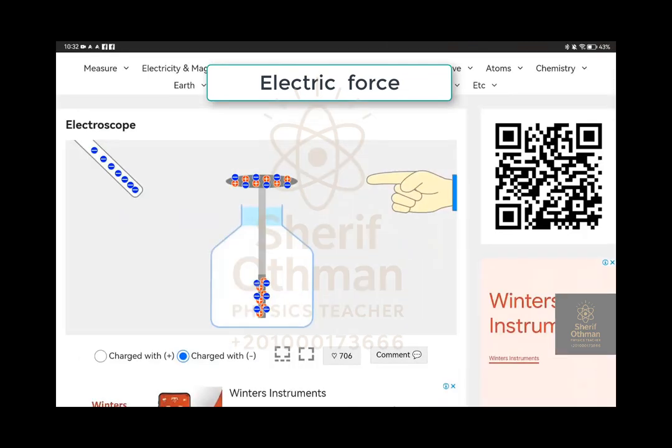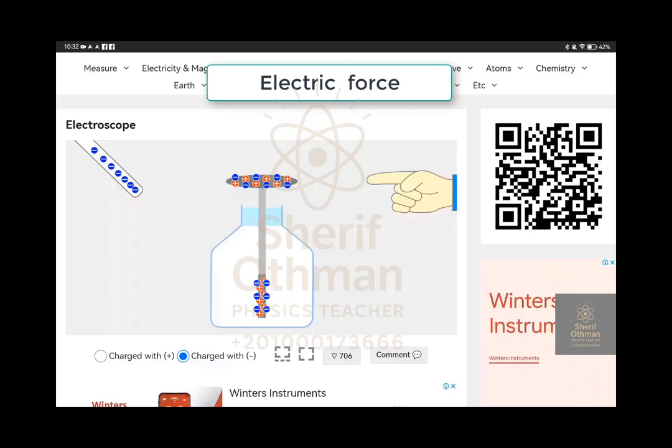Here is the electroscope, guys. We have a rod. This rod is charged by negative charge. And as we said before, any object which is not charged is neutral. That means this object carries both positive and negative charge.